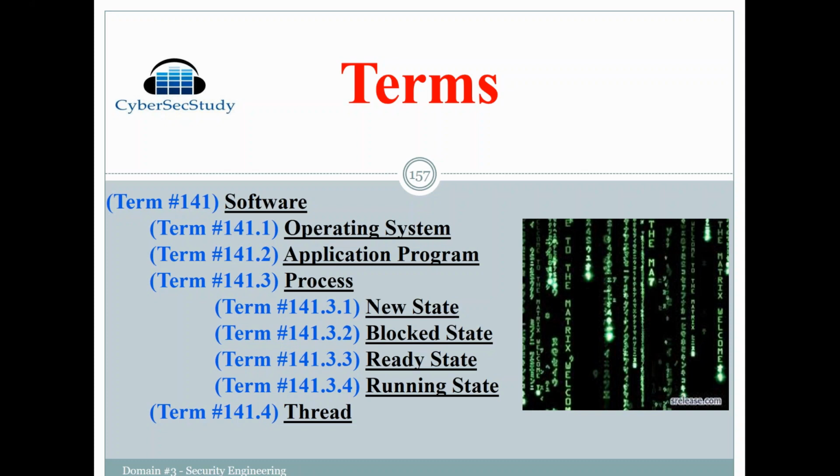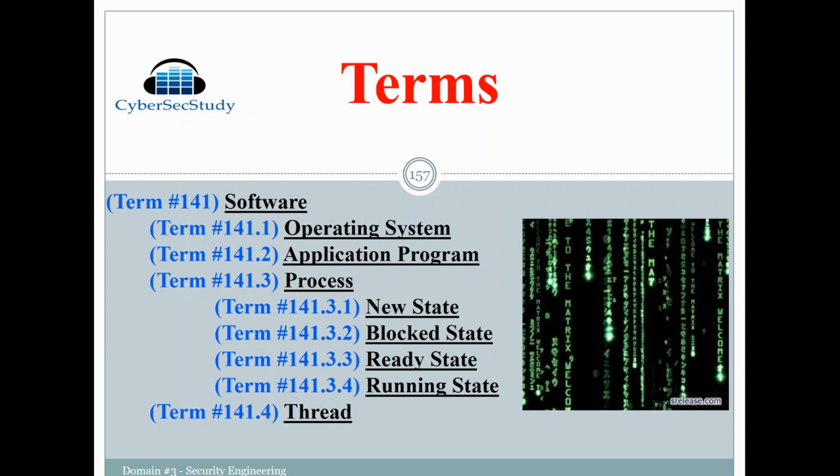So a process is in a new state before it has been loaded into memory. You've opened the application, but before you actually initiate something to happen, a process is in a new state. It hasn't been loaded into memory. Once it's loaded into memory, then it can gain access to the CPU. A process is in a block state when it's waiting for user input.